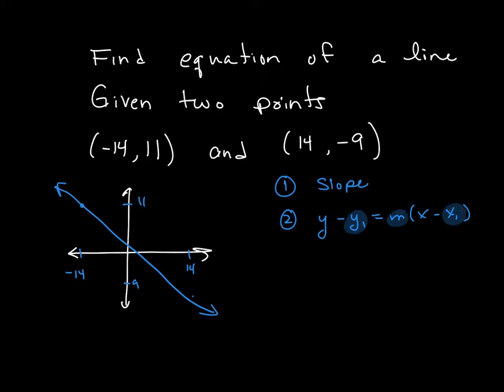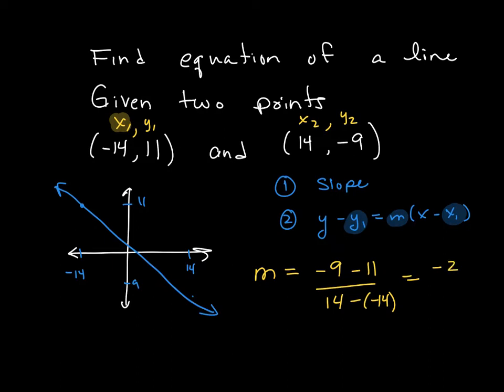All right, step 1, the slope. I always label these: I have x1 and y1, and then x2 and y2. So my slope is the change of y, or negative 9 minus 11, divided by 14 minus a negative 14, which turns that into negative 20.